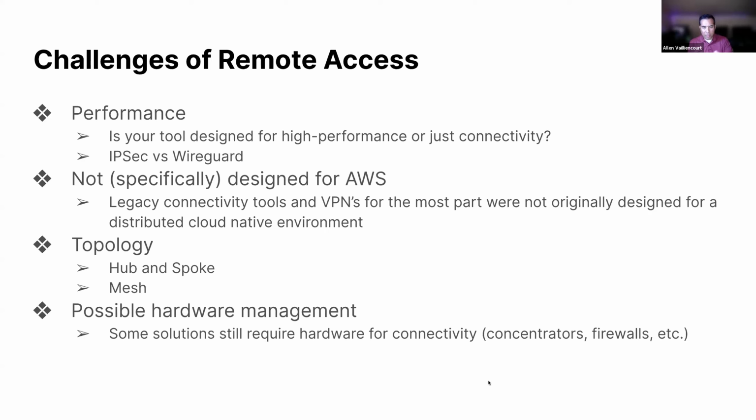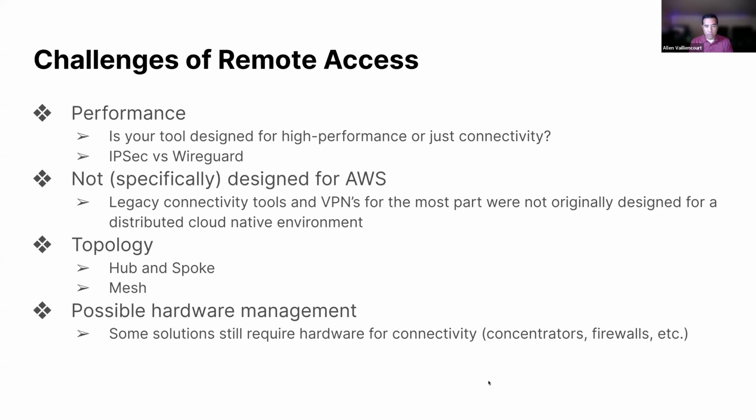And then topology, and we'll dig into a little bit of what that looks like. There are two ways of thinking around that: traditional hub and spoke, as well as a more modern mesh style of topology. And then, of course, those possibly might have some hardware management. We talk to a lot of customers on a daily basis that have legacy hardware concentrators stuck in a data center or an on-prem office.